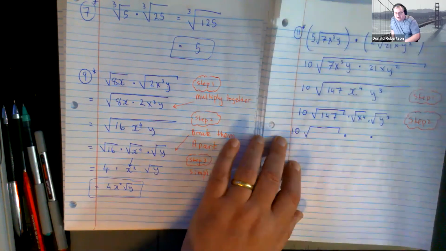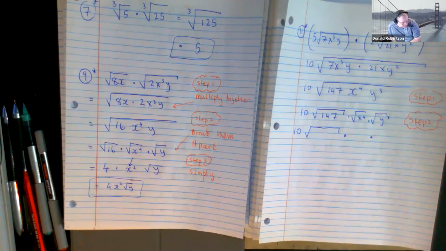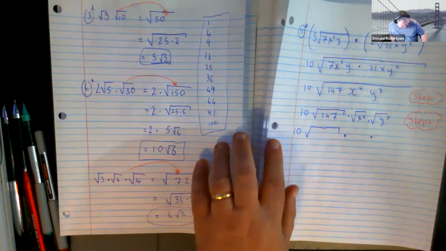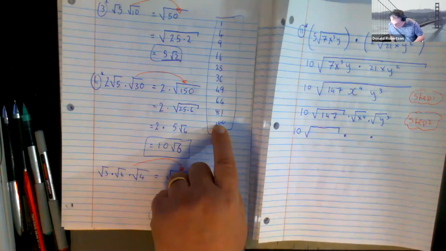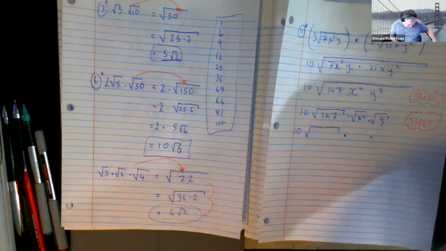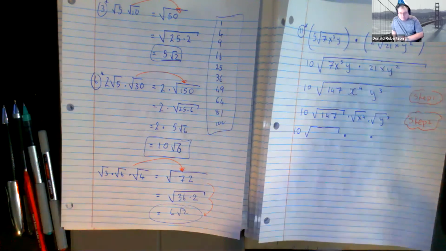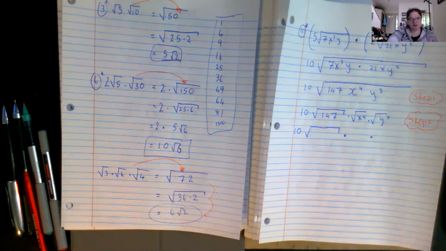Okay, you deserve a prize if you can come up with this. 147 is actually doable. One of these numbers here, one of the perfect squares, works with 147. Is it 7 and 21?